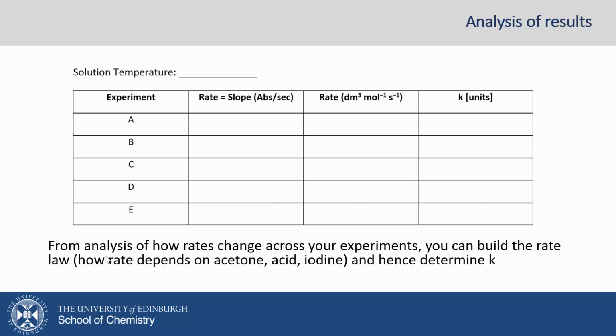That means then we can build our rate law. We can say what the rate law is because we'll know the dependence on each of the concentrations. So the manual gives you a prompt on how to do this.